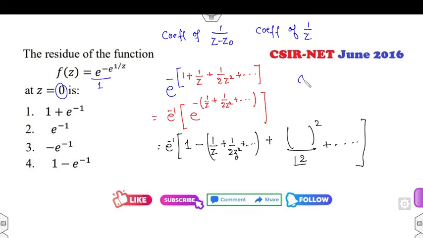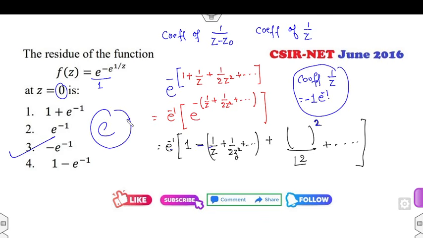Now, can you equate the coefficient of 1 over z? There is no other coefficient of 1 over z because in the square terms, every quantity will be at least square. The only coefficient is minus 1 over z into e raised to power minus 1, and that is my residue of this.